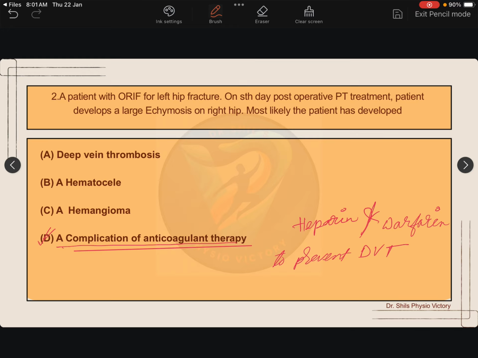This basically increases bleeding tendency and causes subacute hemorrhage or ecchymosis.